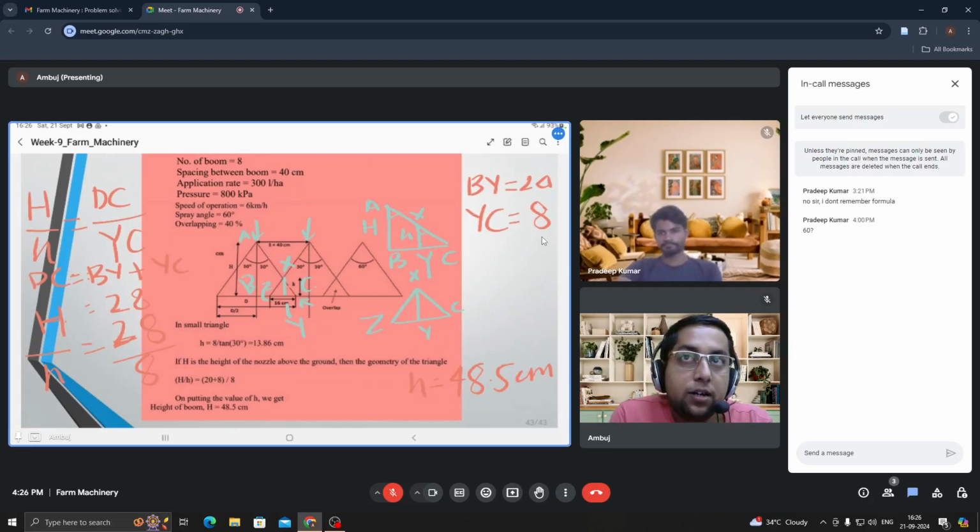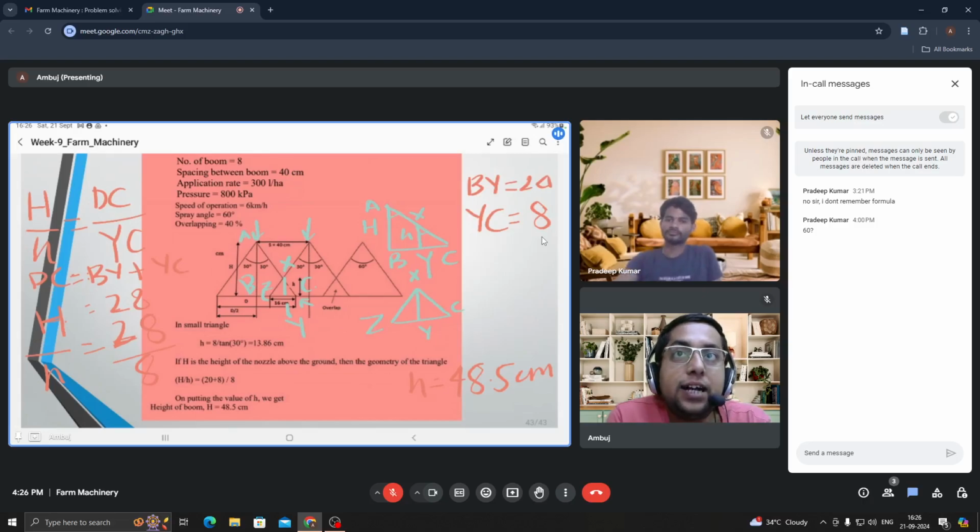Three triangles can be made. The first triangle I have made is ABC, the right-hand side triangle. Another triangle I can make is XYC, and another is XYZ.